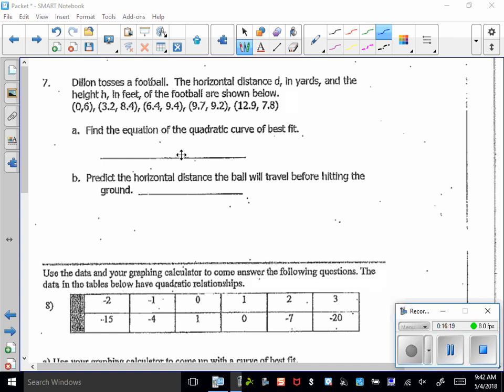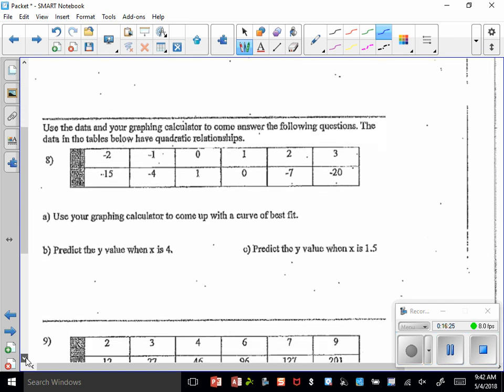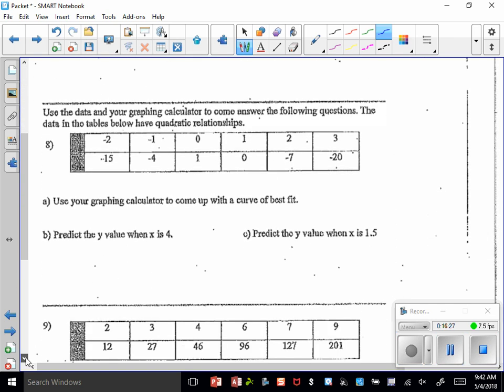Now, notice the words are going to change this time. We're going to do 8 and 9. And what you're going to see is this word right here. So this says quadratic relationship. So that means it's going to look like ax squared plus bx plus c. All right, so that means it's a parabola.